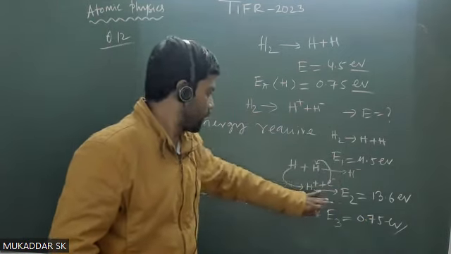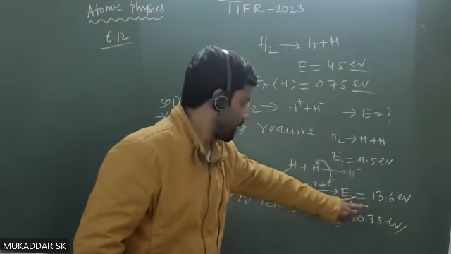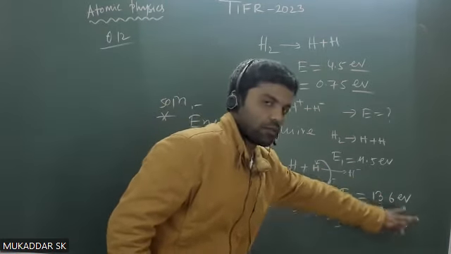The energy required is E1 and E2: E1 is 4.5 electron volt and E2 is 13.6 electron volt.